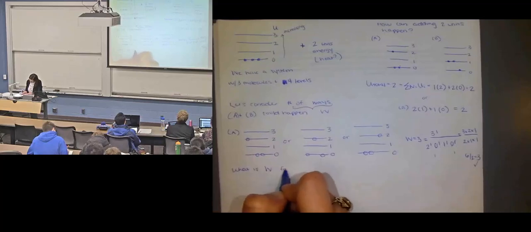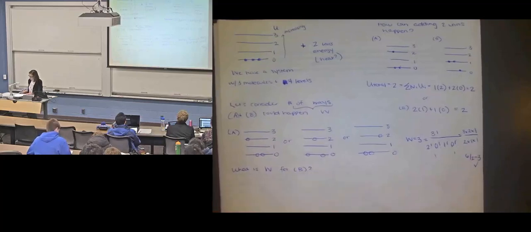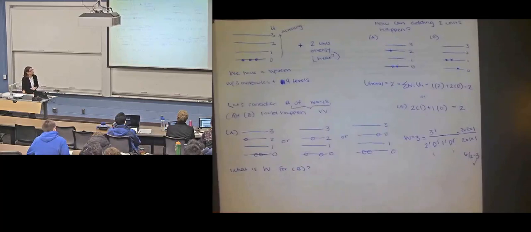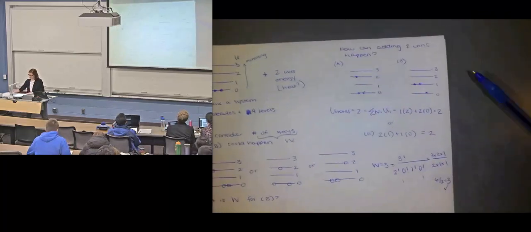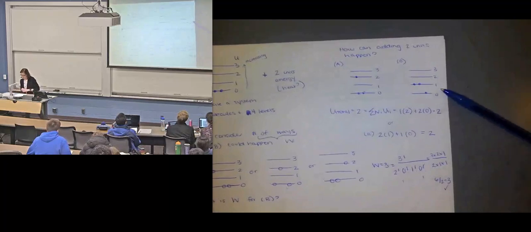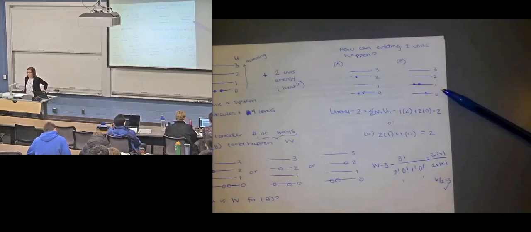What is multiplicity for B? It's not 6. Here it is again. How many molecules do I have is on the top, the energy levels, and how many are in each of the categories. Do you have a question?